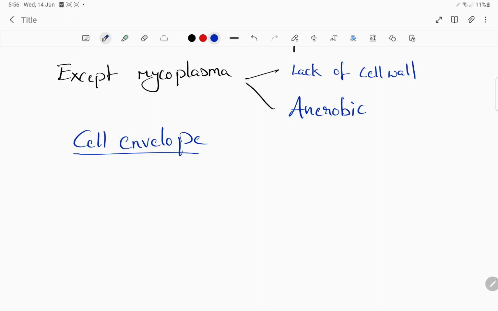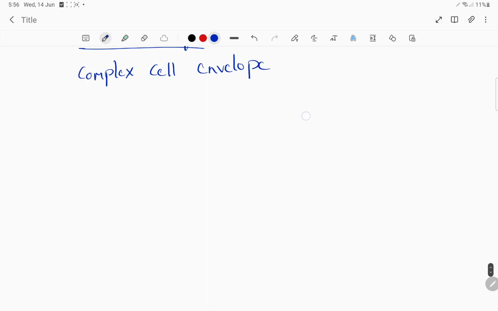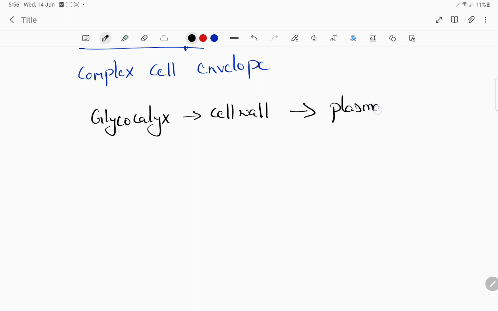Bacterial cells have complex cell envelope. Cell envelope consists of tightly bound 3 layers. We'll start from outer: glycocalyx, cell wall, plasma membrane.